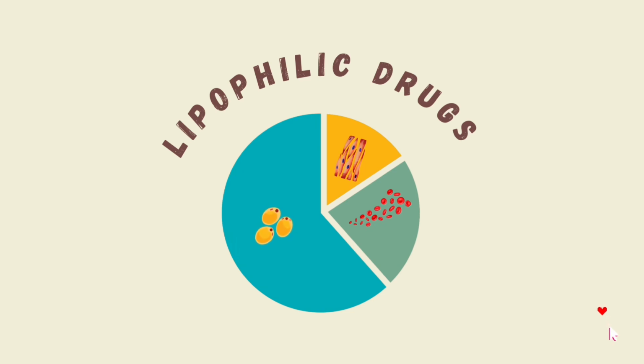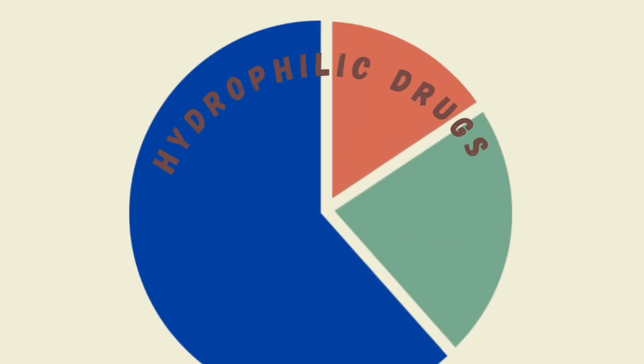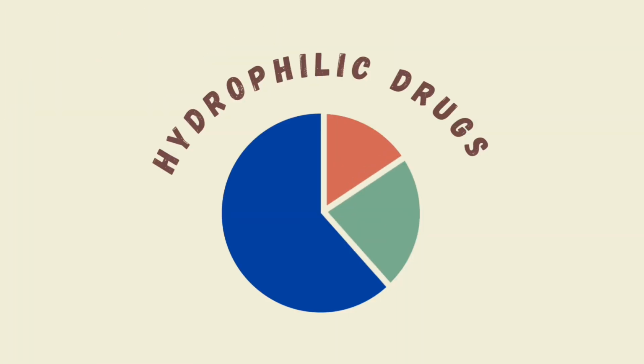This explains why body composition is one of the factors that affects a drug's distribution. A hydrophilic drug, that is a water-loving drug, will show the opposite. It will distribute more into plasma than muscle because plasma has a higher water content than muscle, and more into muscle than fat because muscle has a higher water content than fat.